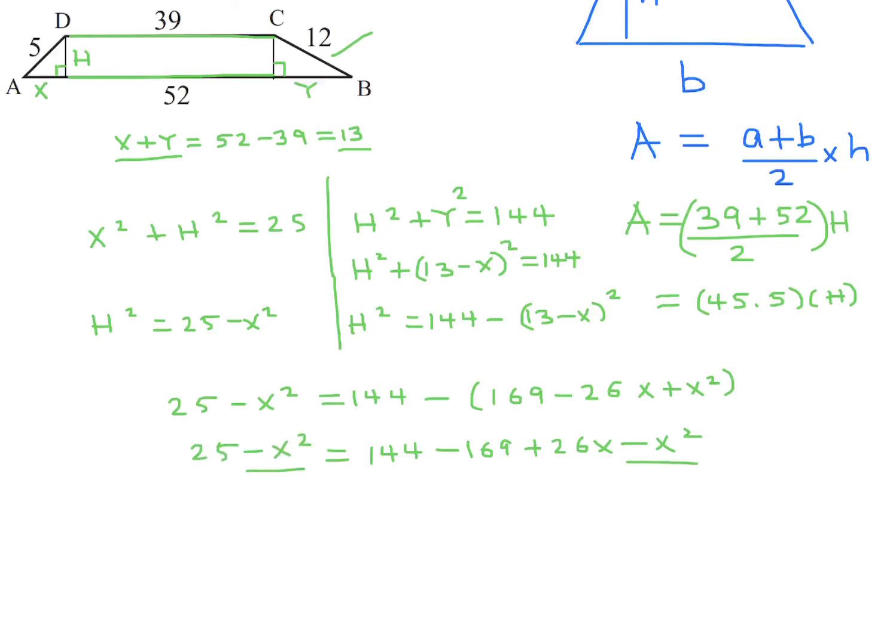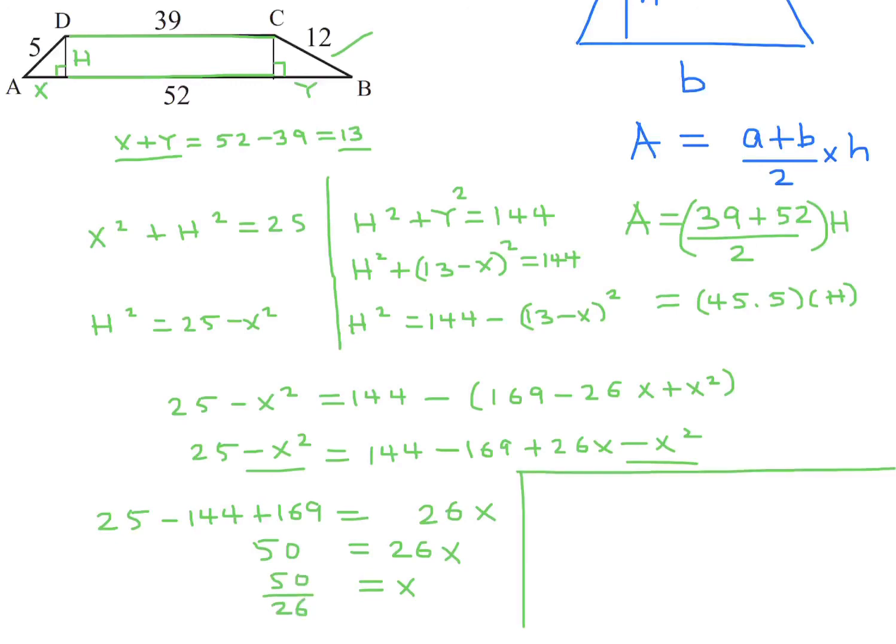And then the minus x squareds cancel on both sides, and therefore we can put all the numbers on one side. So 25 minus 144 plus 169, like that. So this becomes 50, 26x, and therefore x is 50 over 26.